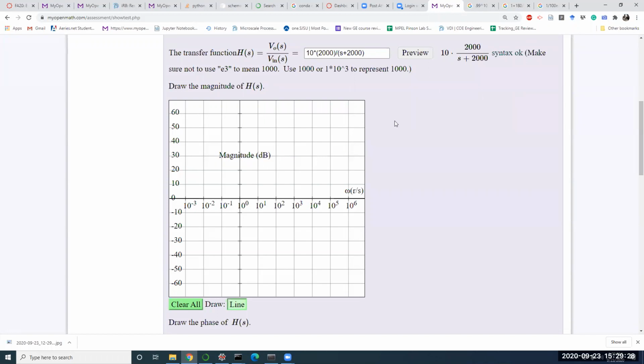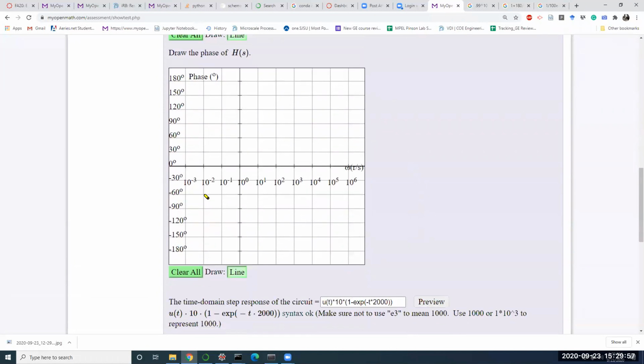So 20 dB, cutoff of 2, that's somewhere in the middle. And then I want to make sure that was 1 decade, and I went down by 20. I go another decade, and that should be right. And kind of double click that.